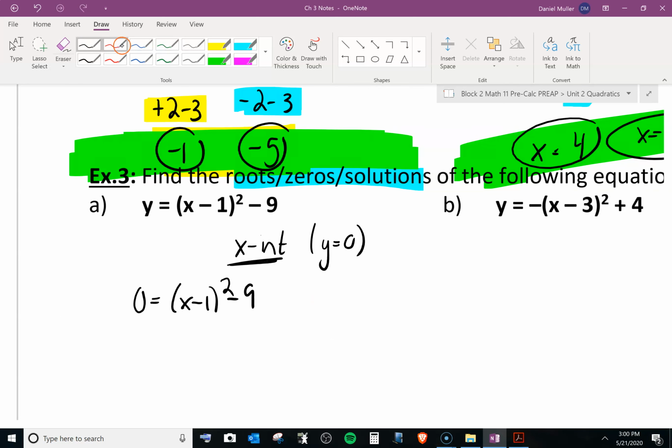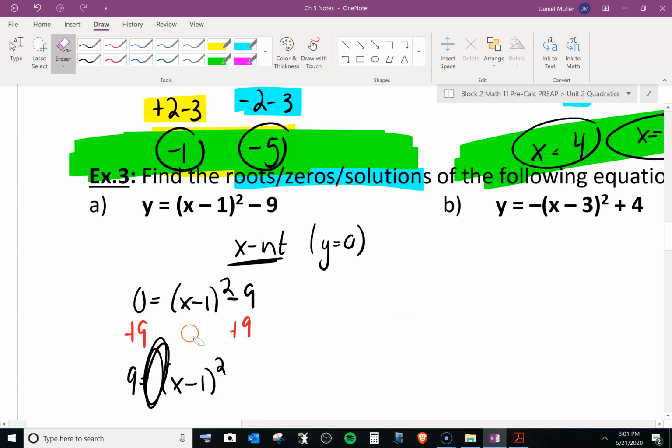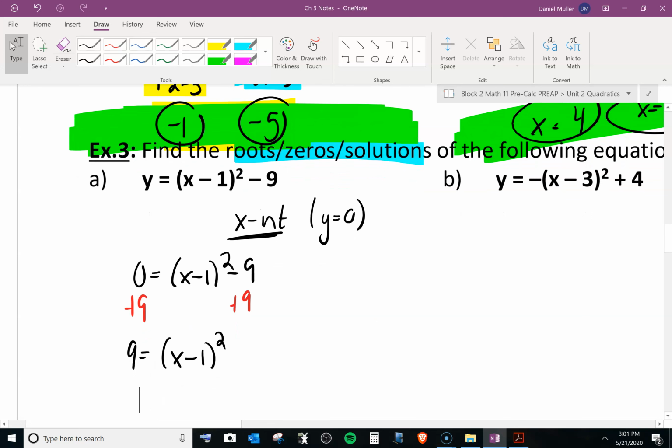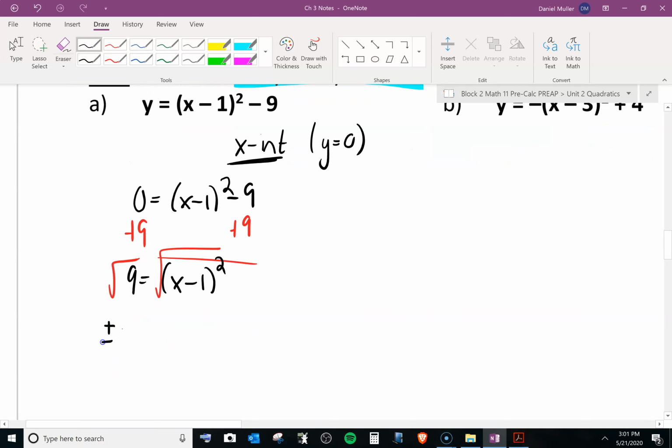So we need to now solve this just like we did the first 3 questions above us here. So backwards BEDMAS says do this addition or subtraction first. So we'll add the 9 over. So 9 equals x minus 1 squared. Sometimes there's a timesing that happens in front there that we need to divide. That's not the case. So then we can do the exponent. So this becomes plus or minus 3 equals x minus 1. Don't forget the plus or minus.